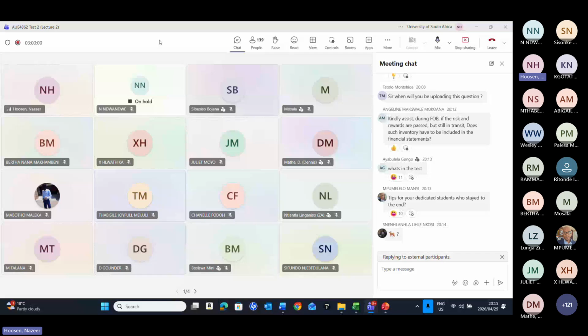So in terms of the scope of the test, ladies and gentlemen, if you have listened very carefully in part 1 as well as part 2, as the sessions were recorded, you would see that the entire syllabus was taken into account for the scope of learning units 6 and 7.